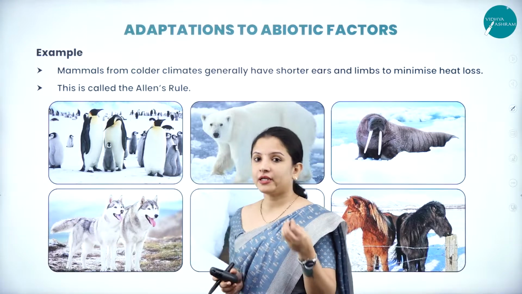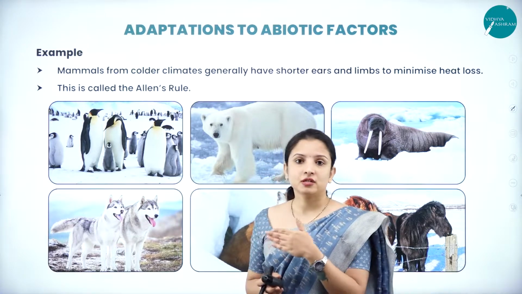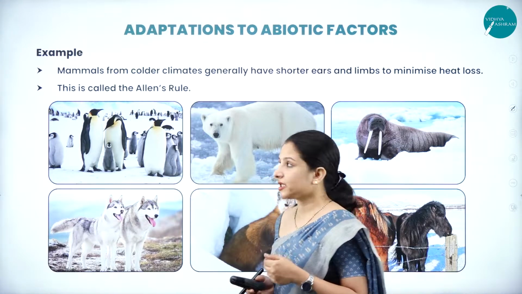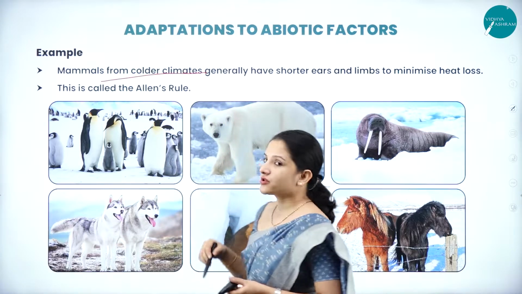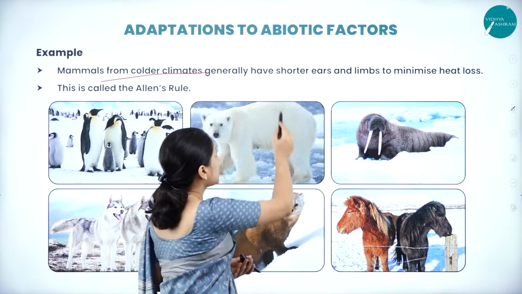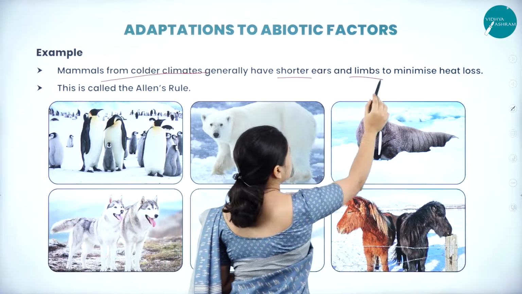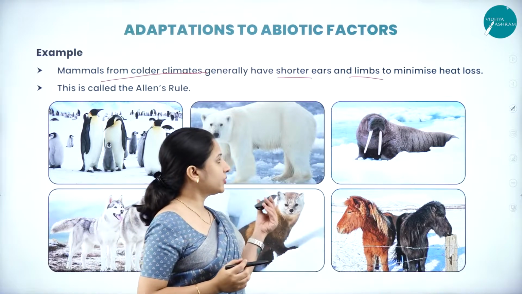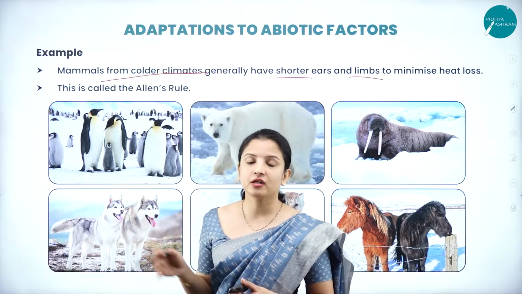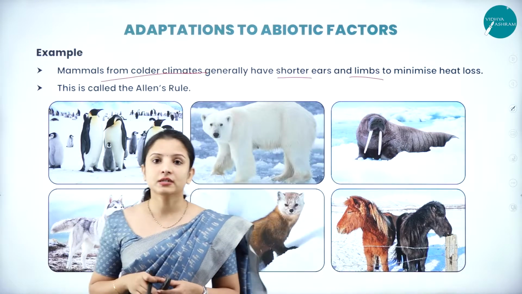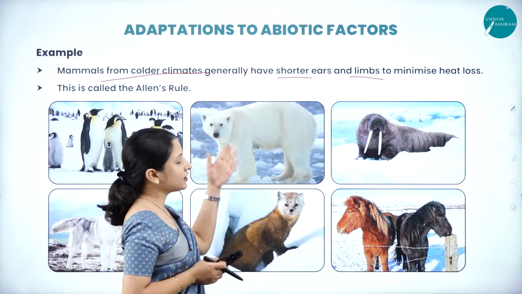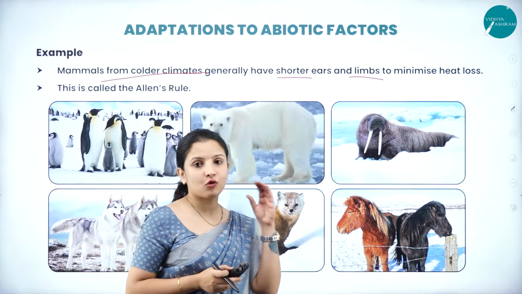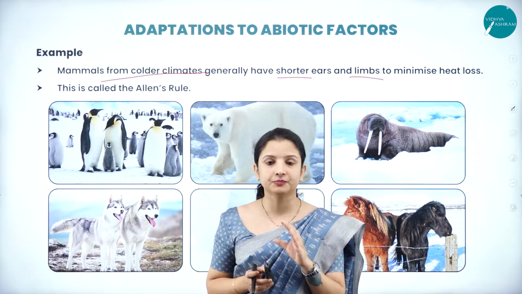So that is why only large mammals live in the cold or polar regions. Mammals from colder climates generally have shorter ears and limbs. If you take a look at the different photographs displayed here, you can see all these animals have very small ears and very short limbs. Why?